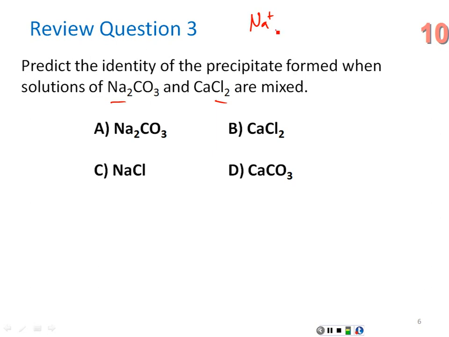So sodium plus chlorine, sodium chloride, we know that that is soluble. Okay, that's table salt. Let's try it again for the other combination. So we have calcium plus carbonate, calcium carbonate. And if you remember, calcium carbonate is insoluble. So that would be the answer.